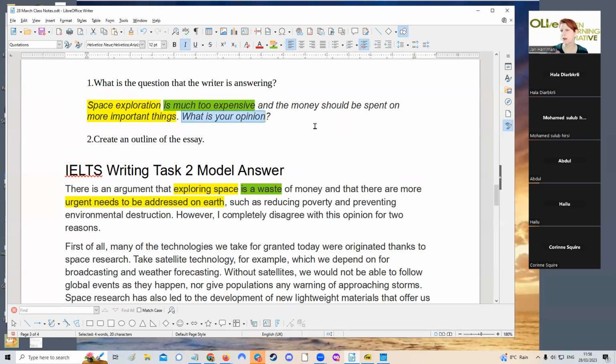You can say, I agree to an extent, but if you do that, you will need to make sure that you address exactly why, and that you address both sides, that you agree and disagree with. And that will affect the structure of your essay. You might end up with one paragraph on the things that you agree with and a paragraph on what you disagree with.